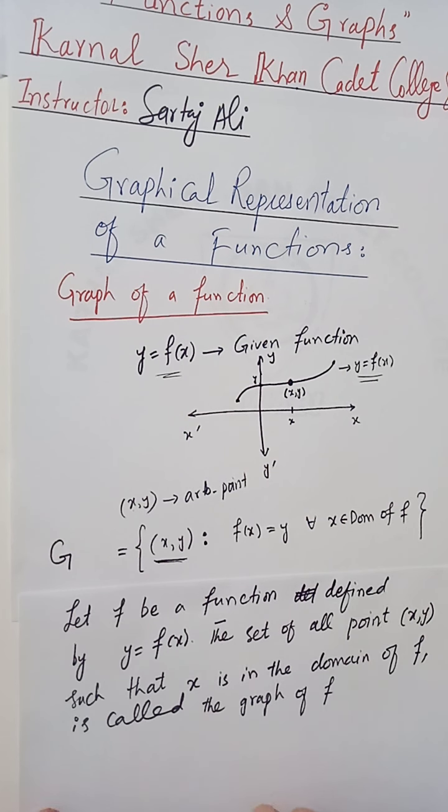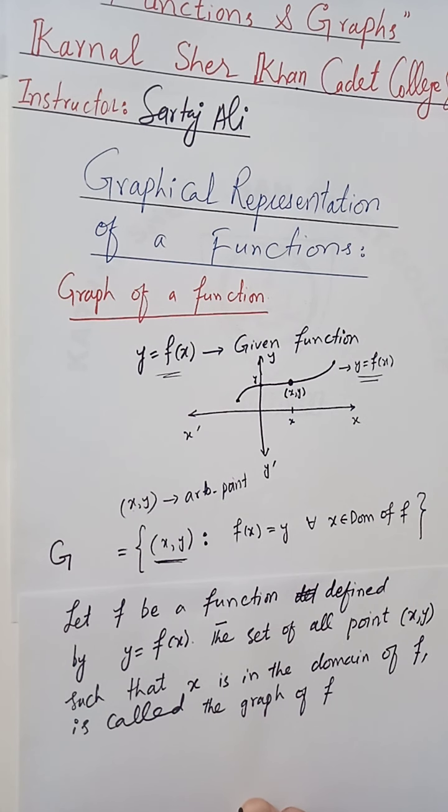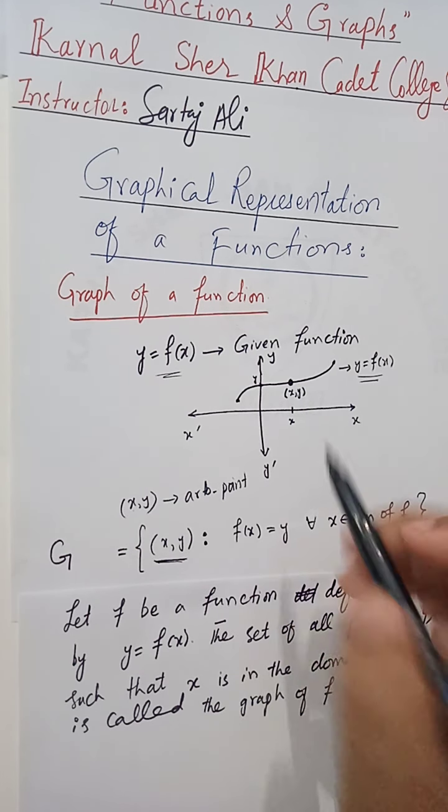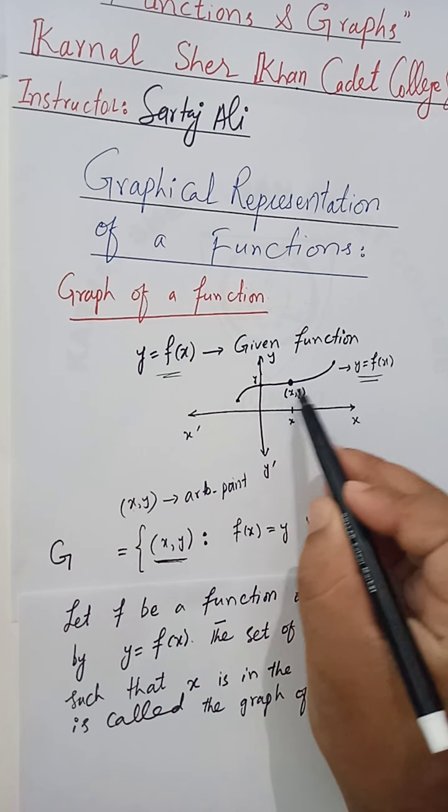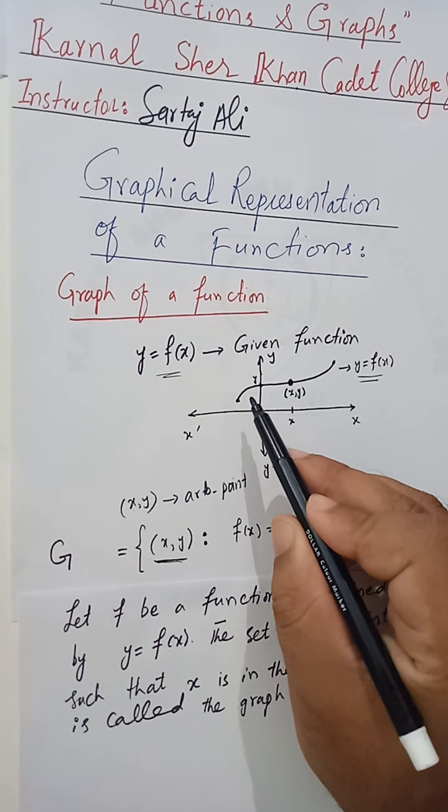We say that the point xy is on the graph of f, meaning you clearly see that this point lies on the curve of that graph.